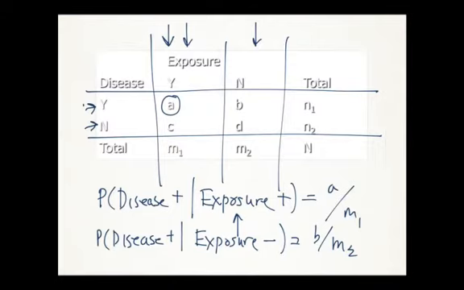And so if we took the difference of these two, A over M1 minus B over M2, that would give us the risk difference. That was the first measure of association that we talked about on the previous slide. So that would give us our point estimate, and hopefully you're getting comfortable with these concepts now.